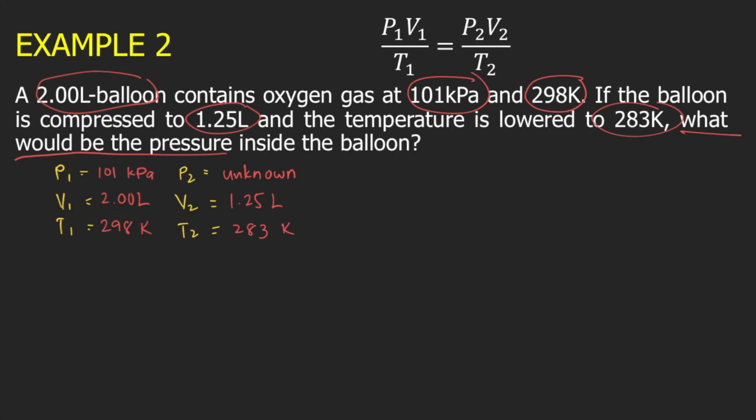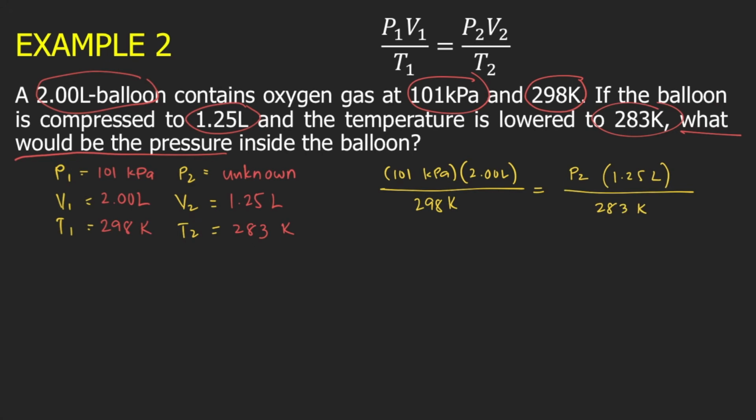So we use the combined gas law. P1 is 101 kilopascal. V1 is 2 liters. T1 is 298 Kelvin. This is equal to P2, which is unknown, so just write P2. V2 is 1.25 liters and T2 is 283 Kelvin.